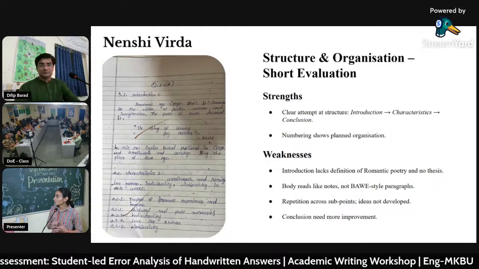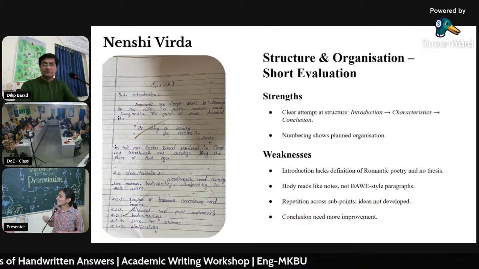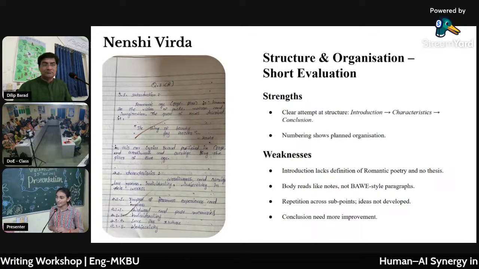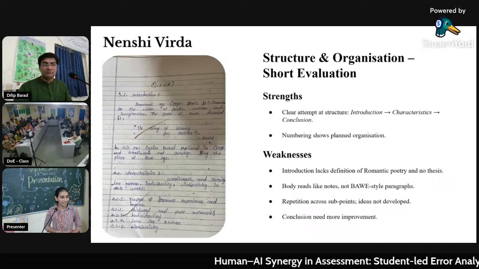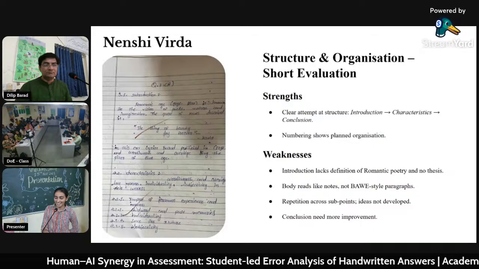My main body was not according to the BAWE standard, my sub-points are repeated, and the conclusion needs more improvement. Sorry for that, but I'm improving that in my next papers. Thank you.